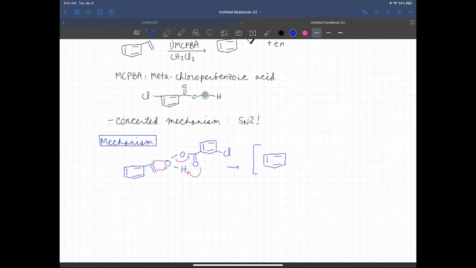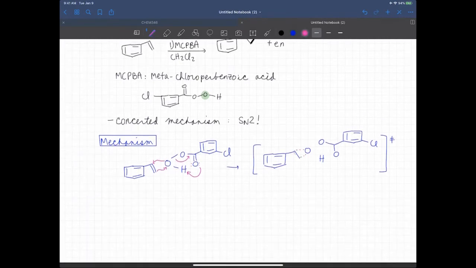Now, how do we know what to draw for transition states? Whatever is breaking or being made becomes a dash line. Okay, so H, O. Remember dash lines?